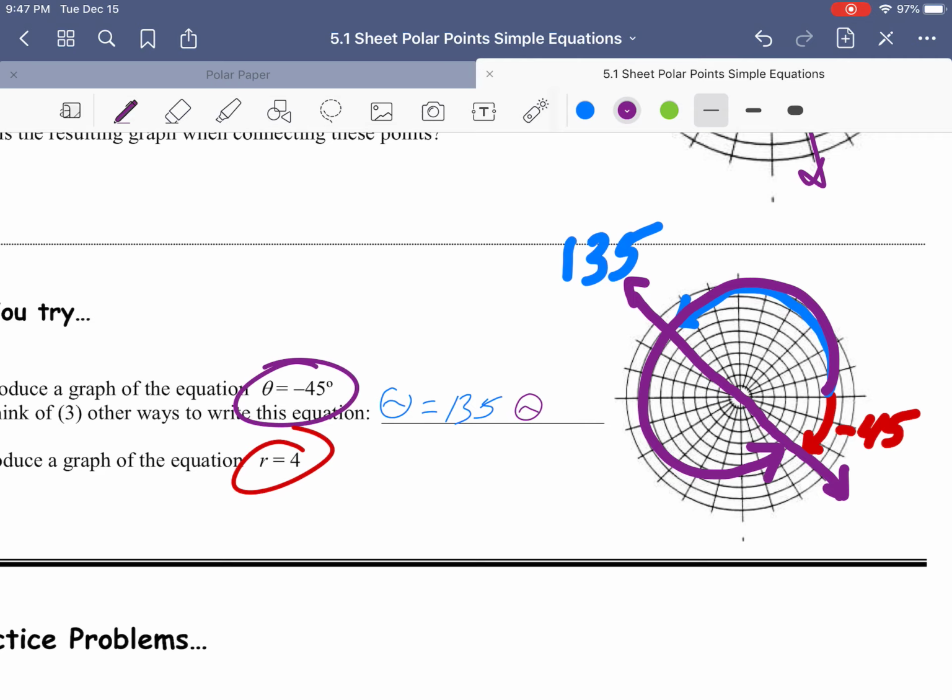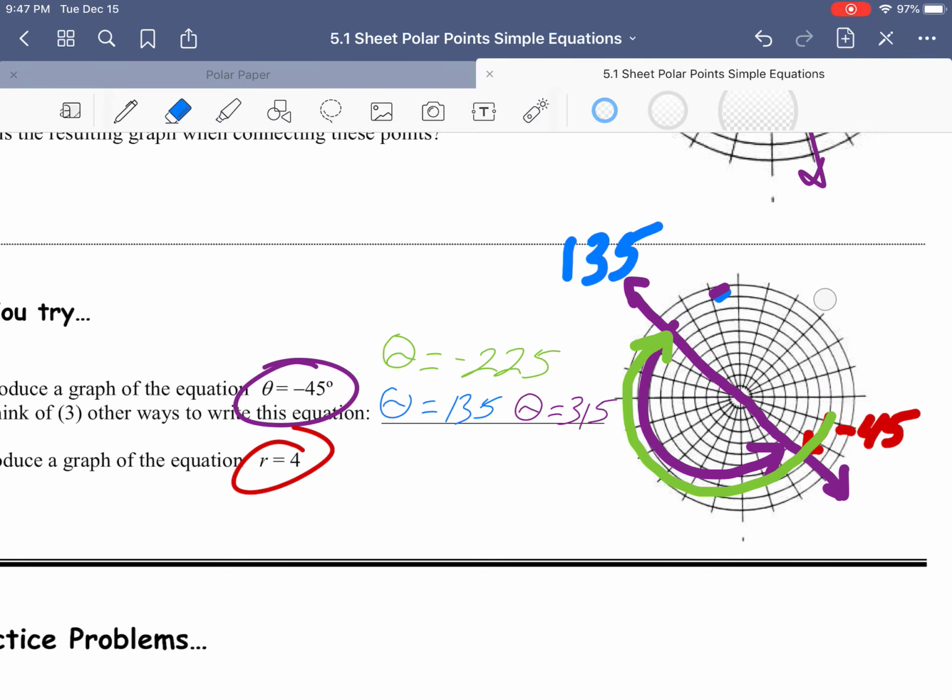That would be a positive rotation all the way around to 315. And then there's just one rotation we haven't shown yet. That's a negative rotation. Notice that I am starting back at 0, but I'm rotating backwards. We can call that theta equals negative 225. Each one of those equations represents that same line.